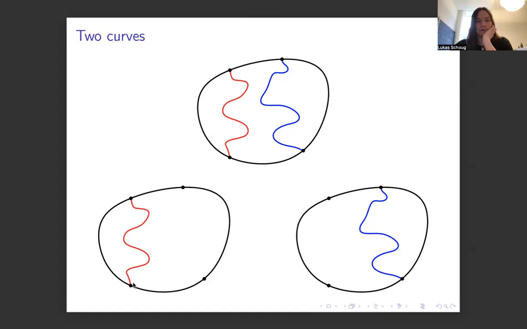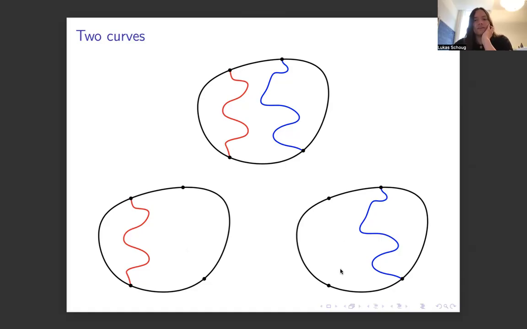We want to sample one curve between the 2 left points and one curve between the 2 right points. If we start by just sampling an SLE between these 2 left points in this domain, and then we sample the second curve, then the law of the second curve will be an SLE in the reduced domain.